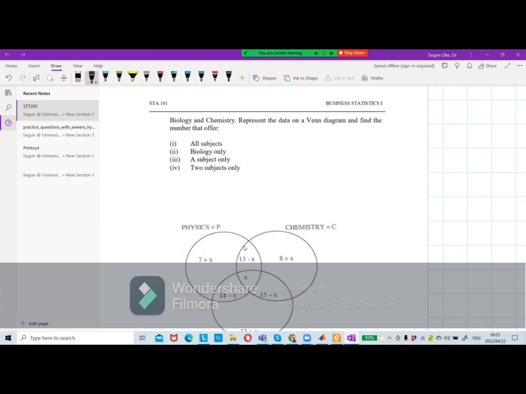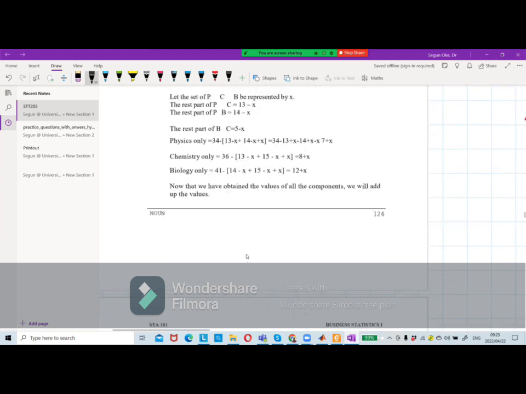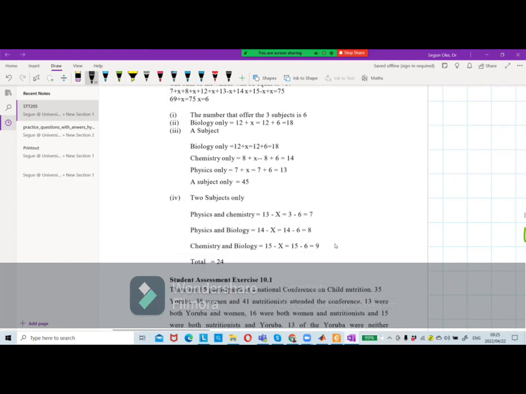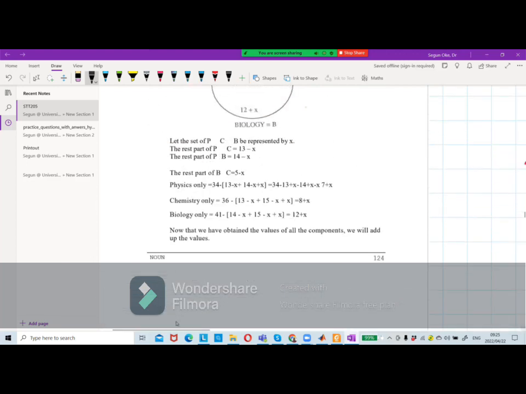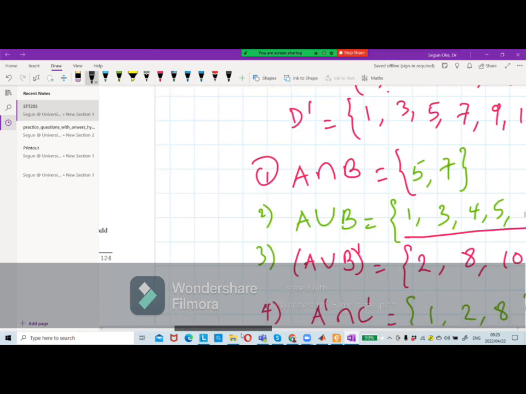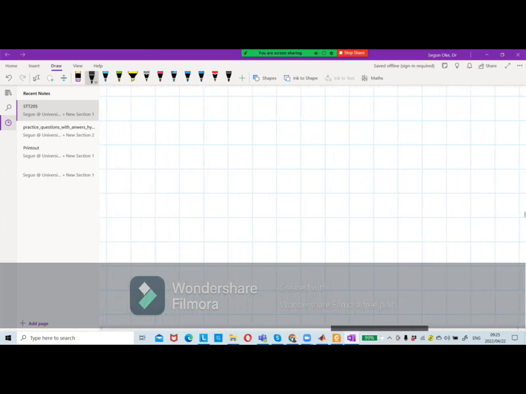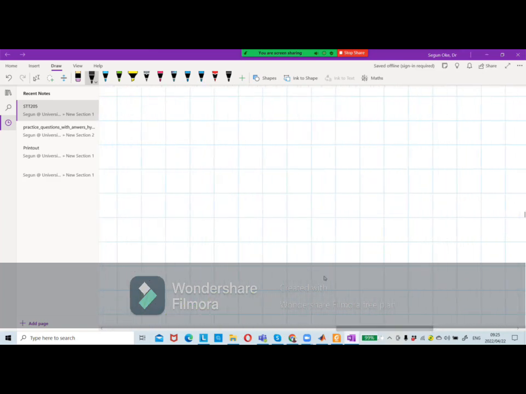On a Venn diagram, find the number that offer all subjects, biology only, a subject only, or two subjects only. So for us to do that, that now leads us into the solution. So let's look at it.